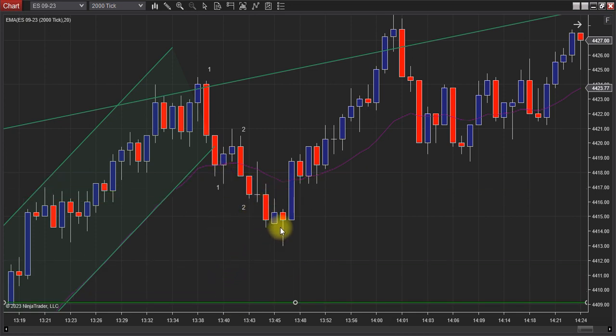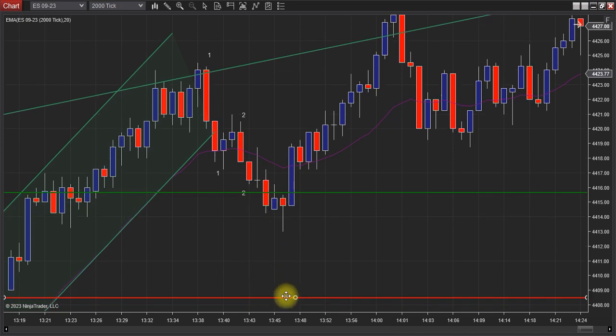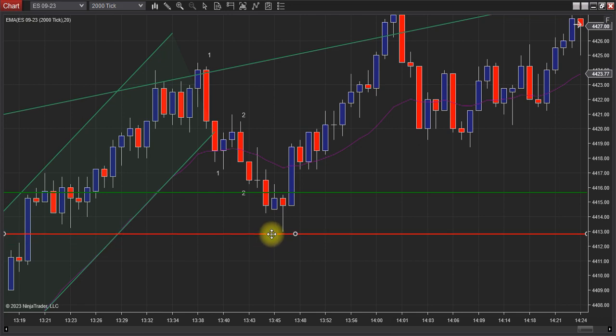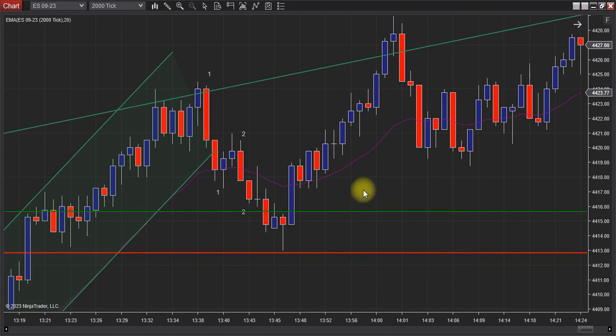Now, if I'm a bull, I can say, okay, inside bar, inside down, had a nice big tail, maybe I want to look to enter again. I can enter here on a first entry with my stop loss here, or profit target here.